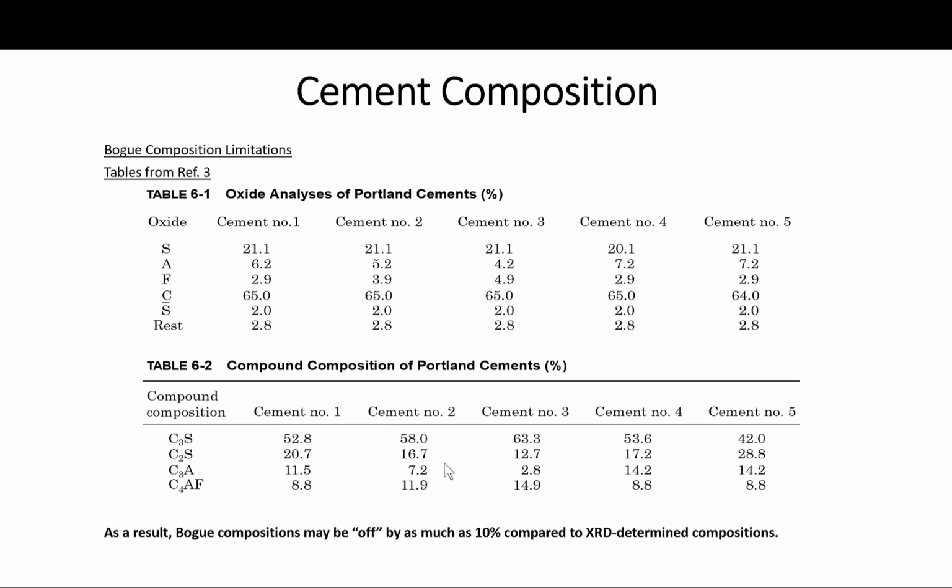Similarly, the comparison between cements 4 and 5 shows that a 1% decrease in the CaO content, calcium oxide content, with a corresponding increase in the silicon dioxide content from 20.1 to 20.1, caused the C₃S to drop by almost 11% actually, from 53.6 to 42.